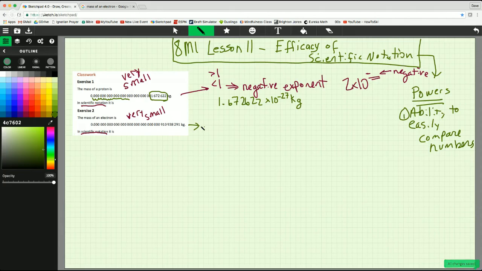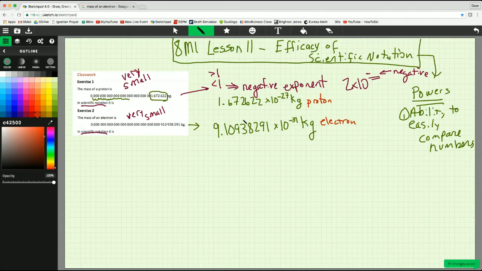Okay, so this answer is 9, and after you do this, it'll be 9.1093829 times 10 to the negative 31 kilograms. And now we have two numbers: the mass of the proton, this is our proton, and this is our electron.